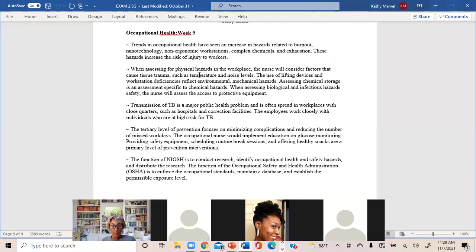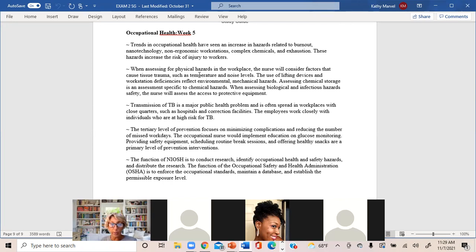And then again, we go back to some levels of prevention. Okay, so tertiary level of prevention focuses on minimizing complications and reducing the number of missed work days. So we're applying tertiary intervention into the occupational setting, which is the workplace.